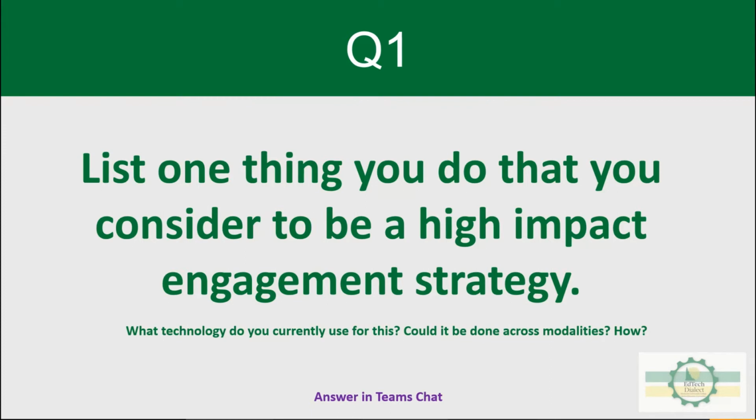It doesn't have to be seen as a strategy. There's a little bit under that that asks what technology you currently use for this. You can answer those follow-up questions if you want, and that might get it into paragraph form.